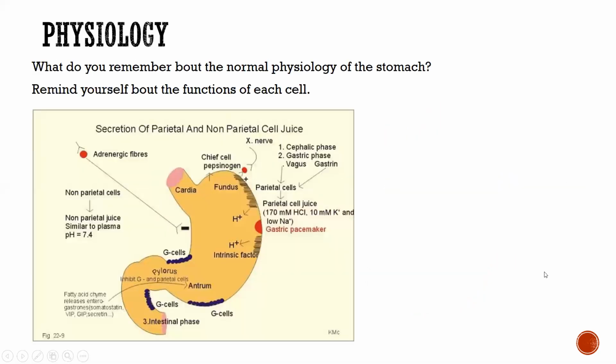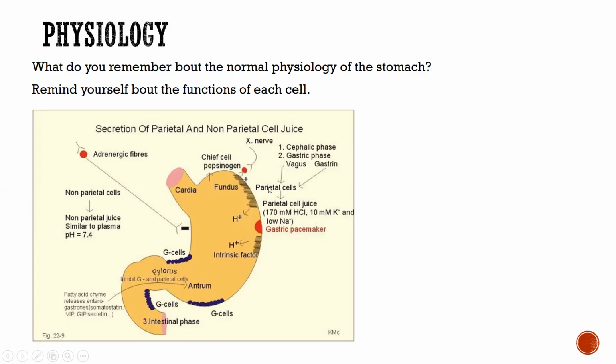Going to the next, we have the physiology here. I've written here: what do you remember about the normal physiology of the stomach? Most probably what you remember is that there are cells producing hormones and different proteins to maintain the normal physiology of the stomach, right? There's the parietal cell, the chief cells, and the G cell. I think those are the most important ones according to this lecture today.